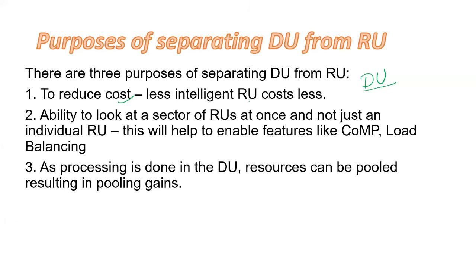So there is less cost for the RU, and the ability to look at many RUs at once helps in CoMP, coordinated multi-point, load balancing, etc. As processing is done in the DU, resources can be pooled, resulting in pooling gains, right? The split architecture enables a 5G network to utilize different distributions of protocol stacks between CU and DU, depending on factors like customer requirements, transport availability, mid-haul availability, and the network design.